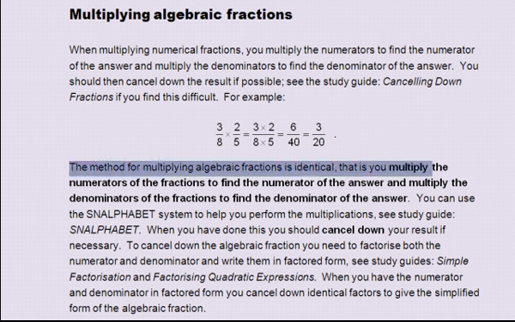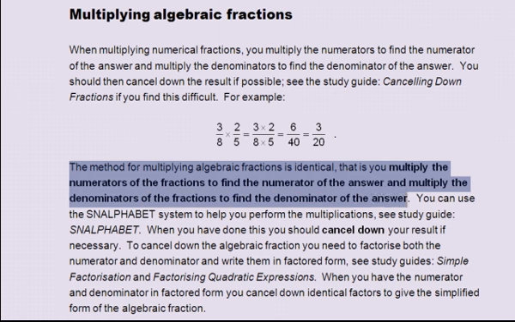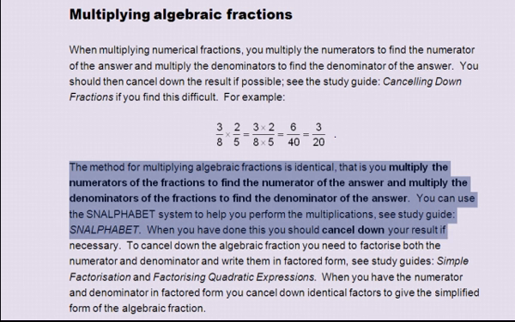That is, you multiply the numerators of the fractions to find the numerator of the answer and multiply the denominators of the fractions to find the denominator of the answer. You can use the Snalphabet system to help you perform the multiplications. See the study guide, Snalphabet. When you have done this, you should cancel down your result if necessary.